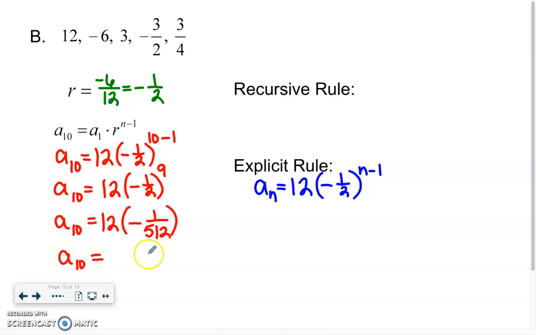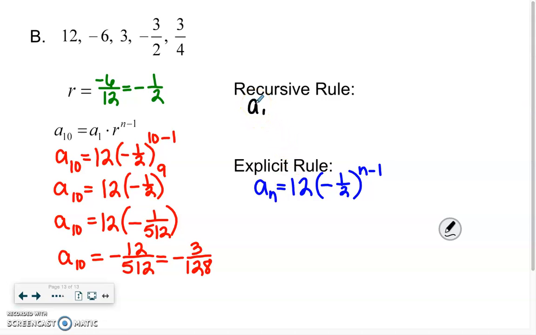And then 12 times negative 1 over 512, so it'd be negative 12 over 512, and then I believe you can divide by 4. So this would be negative 3 over, hold on a second, 128, I think. Yeah, that seems right.